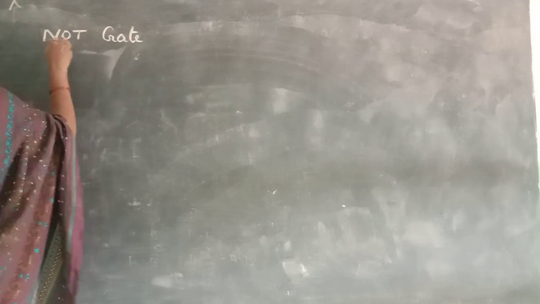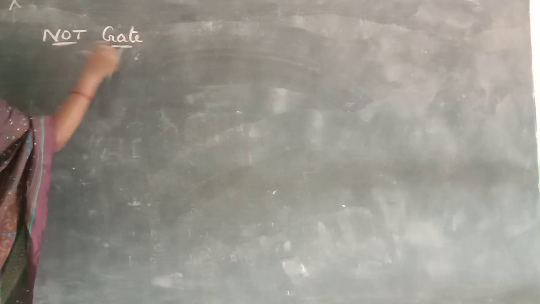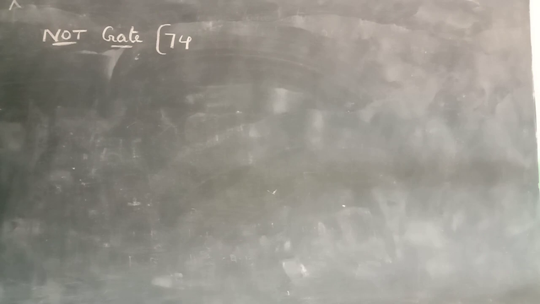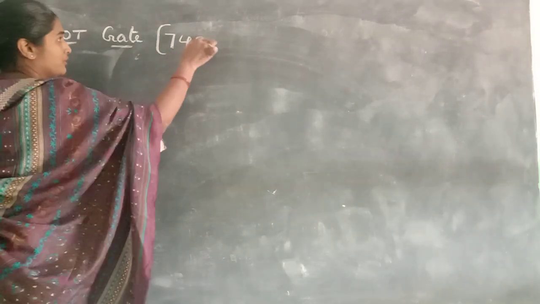Now we discuss the schematic symbols and truth tables of the individual gates. First one, take a NOT gate. What is the IC number of the NOT gate? 7404.